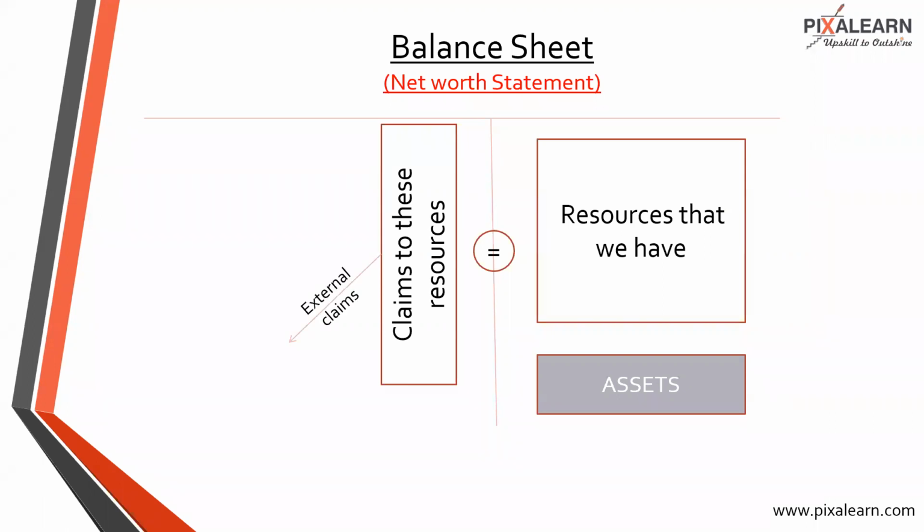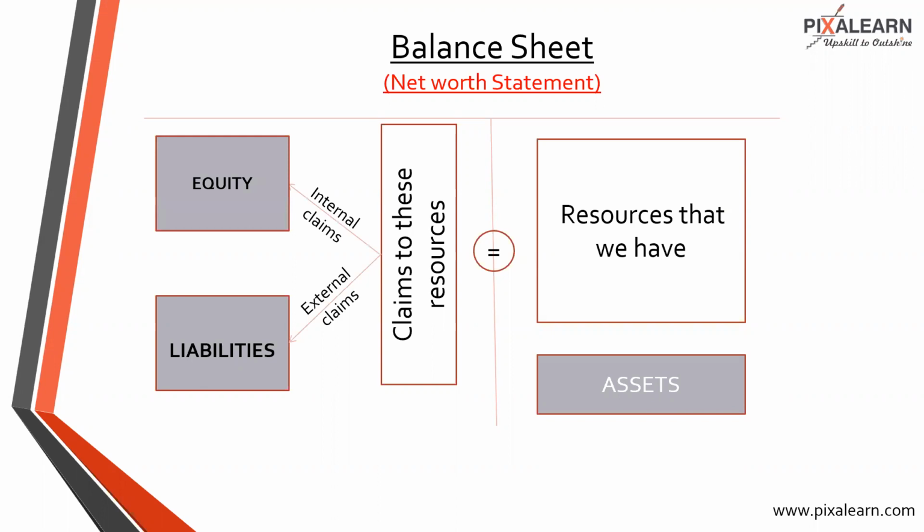Now, these claims can be broken into two kinds. One is the claims that an entity owes to outsiders, and we technically call them liabilities. And the other is the claim that is owed to internal stakeholders, and we technically call them equity.